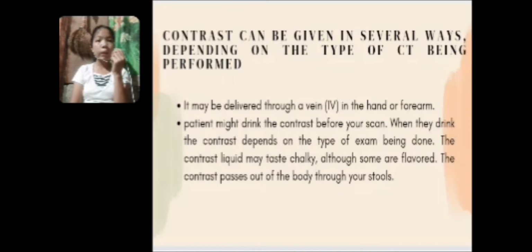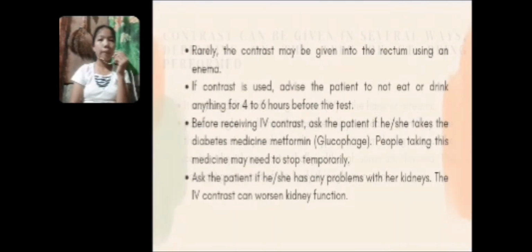The contrast liquid may taste chalky, although some are flavored, and then the contrast passes out of the body through the stools. Rarely, the contrast may be given into the rectum using an enema.